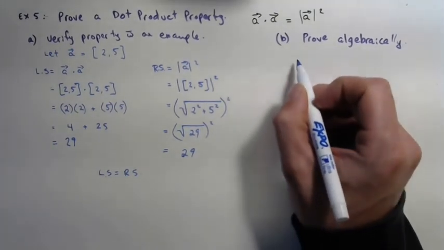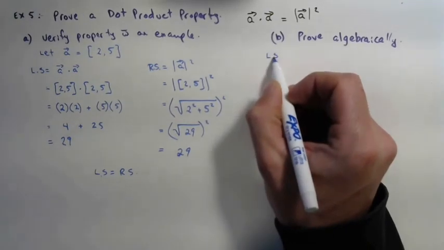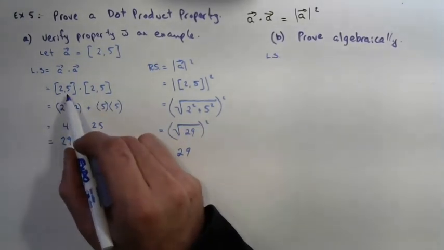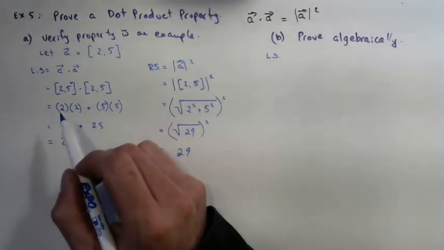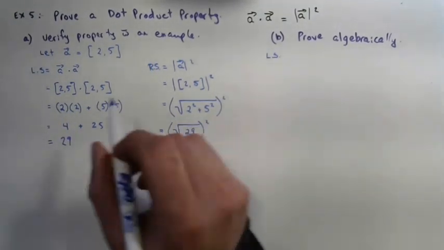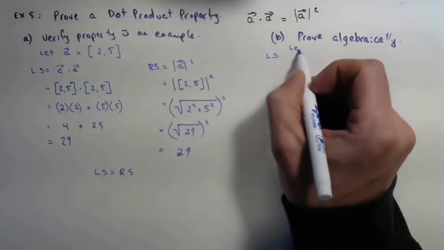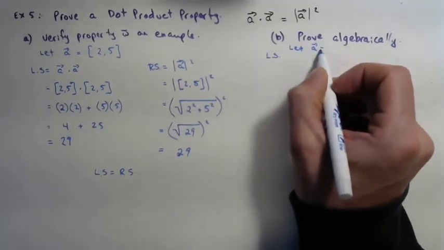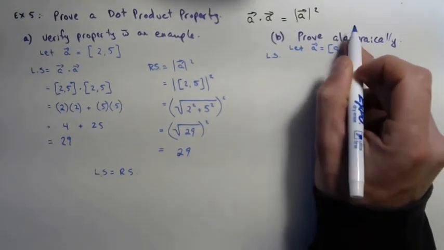Now, to prove it algebraically, we're going to follow the same steps. But this time we're not going to sub in 2, 5 because we don't know what this particular vector is. So we're going to let A be a different vector this time. We're going to let A be simply the vector A1, A2.